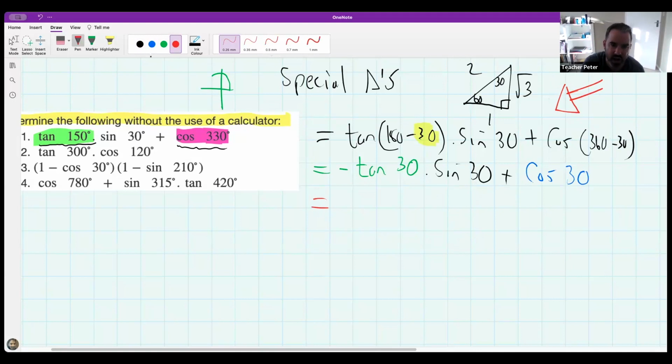What your task now is to fill in all the missing brackets that are there and then get me a final answer. So what's going to be your final answer? I'll give you another minute to try and get to that, and then we'll get going with number 2.